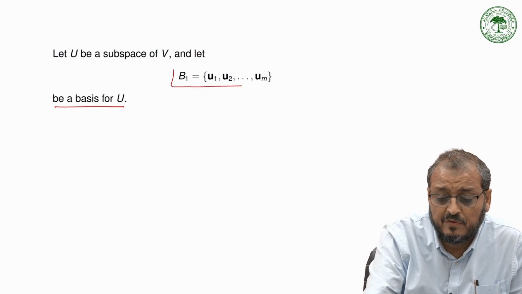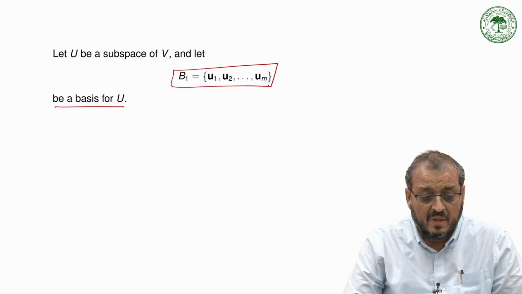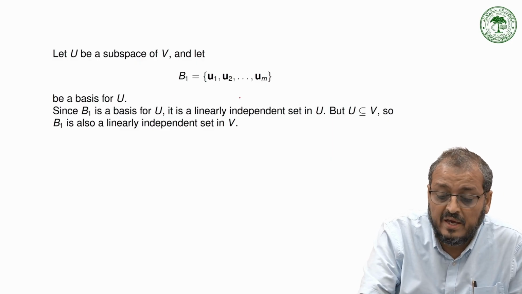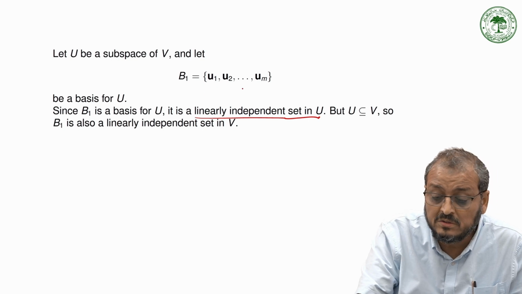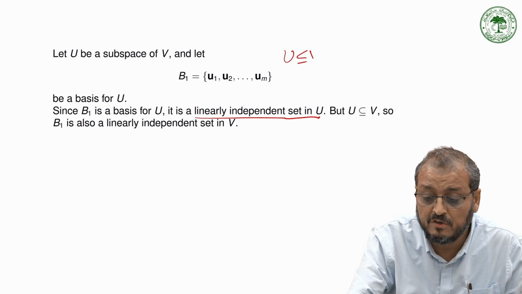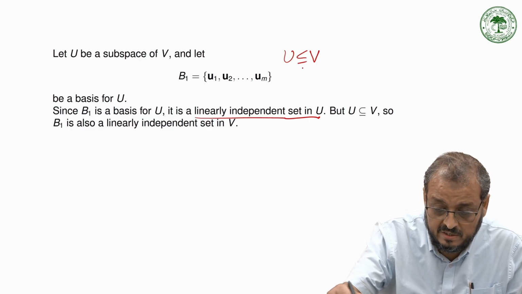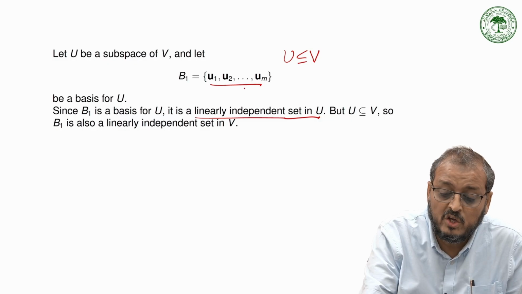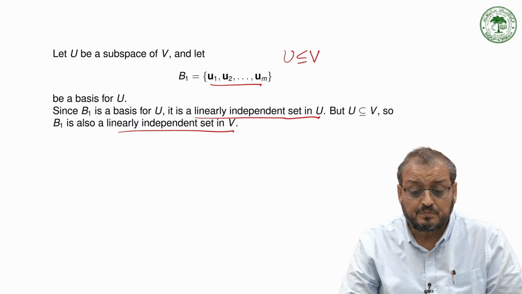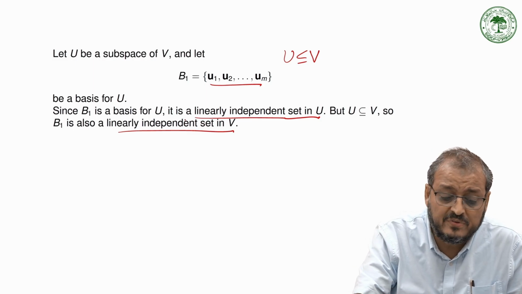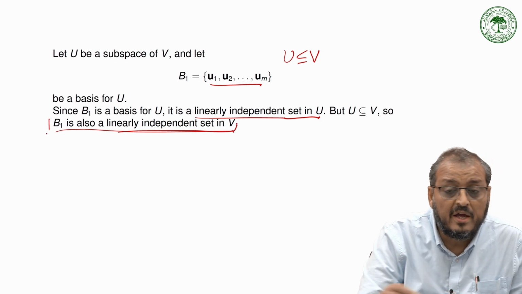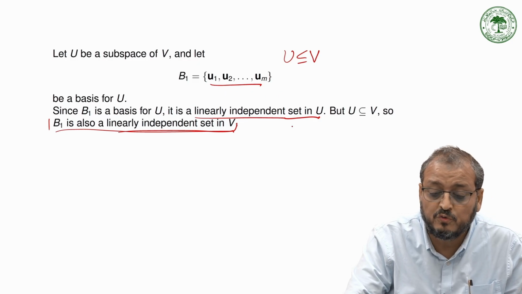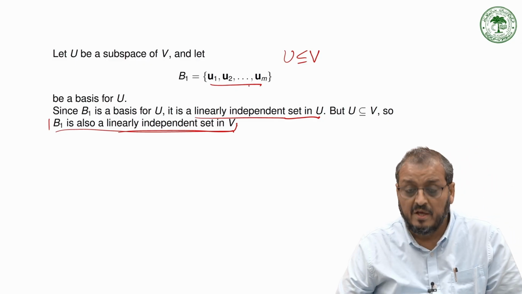Since B1 is a basis for U, it is a linearly independent set in U, and because U is a subspace of V, U is a subset of V. So every element of U is also an element of V. So B1 is also a linearly independent set in V, because all the elements ui belong to U and also to V, and this set is linearly independent.